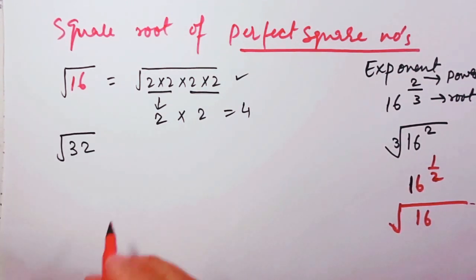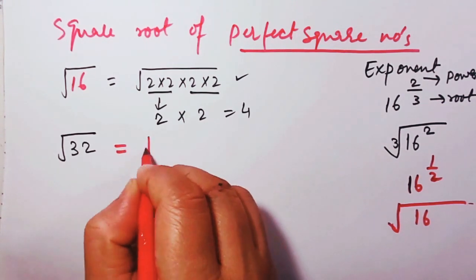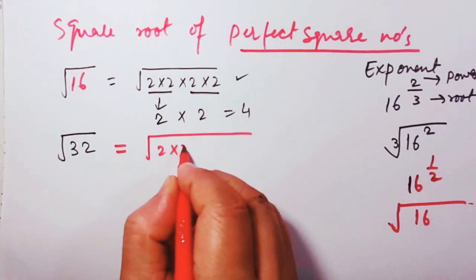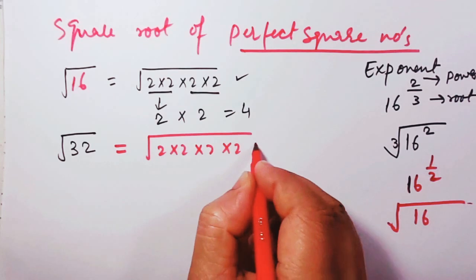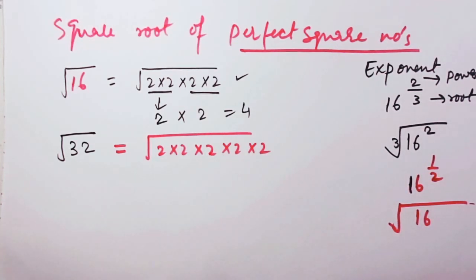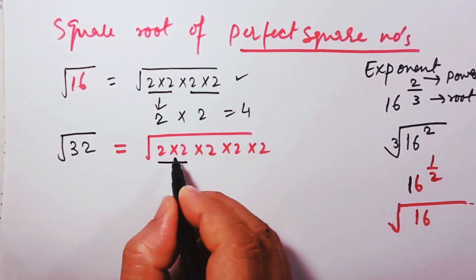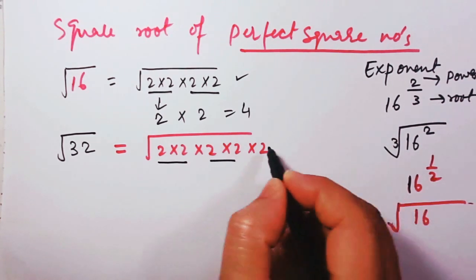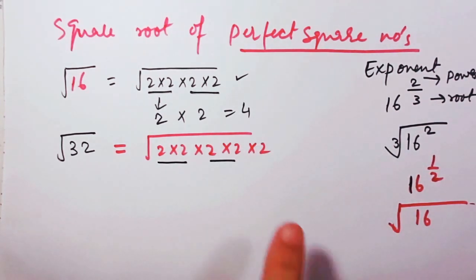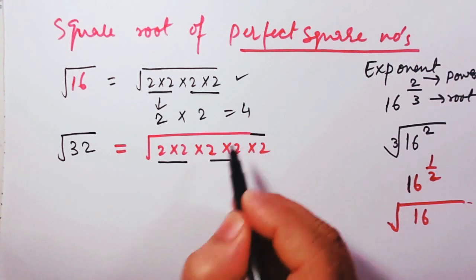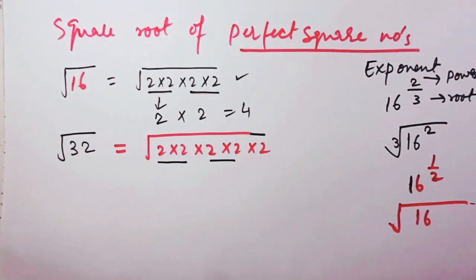So the square root of 32, let me break it, and when you break it, you will get 2 times 2 times 2 times 2 times 2, and here you will find that you can get pairs, but here you cannot get a pair. Therefore 32 is not a perfect square.